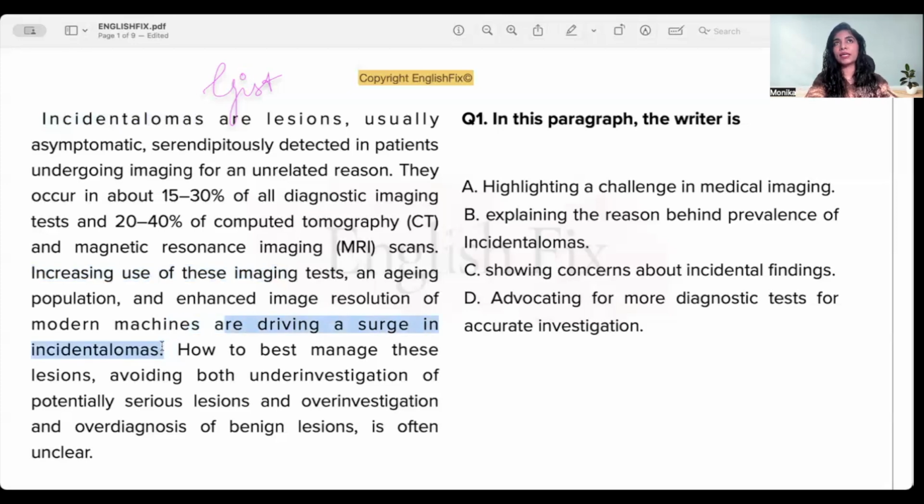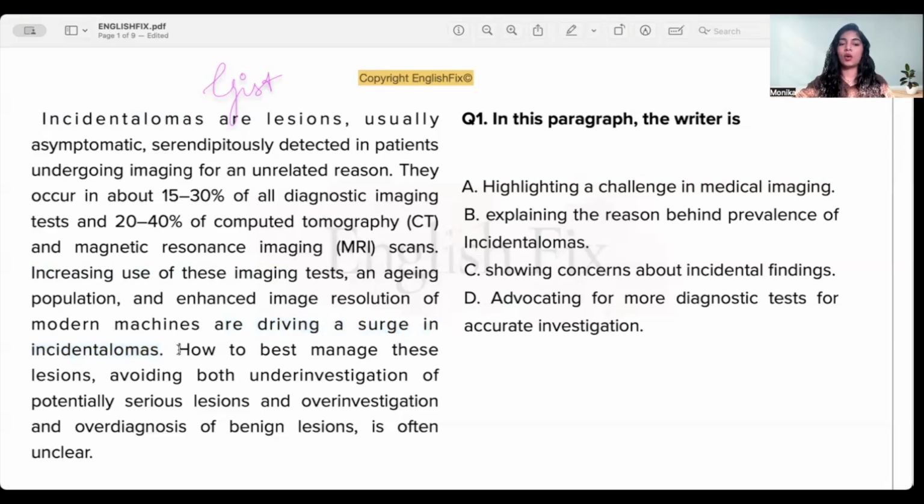So basically, it's not that there's a medical reason for it, but rather we are using these techniques more and more, and there's an aging population as well. And because the technology has improved quite a lot, the incidentalomas are being found more and more. Not that we are doing something that is making this disease happen more and more.